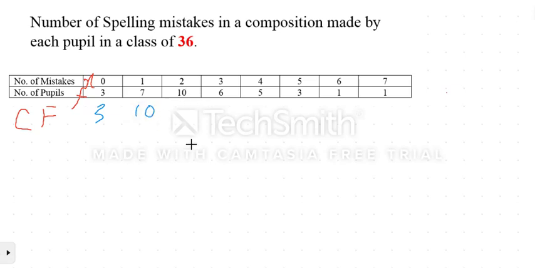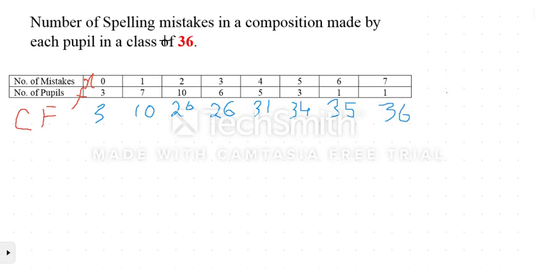Then we add this 10 with this 10, it becomes 20. Then this 20 with this 6, 26. Then 26 plus 5 is 31. And 31 plus this 3 is 34. And 34 plus 1 is 35. And 35 plus 1 is 36. So they are total 36.